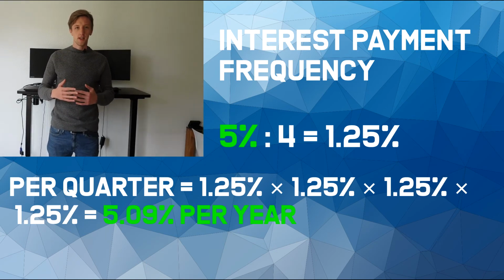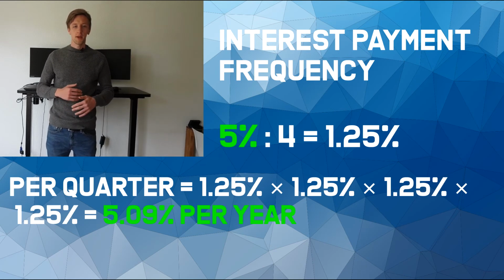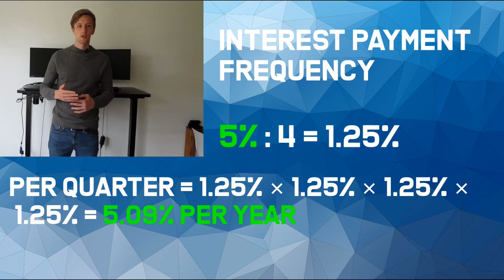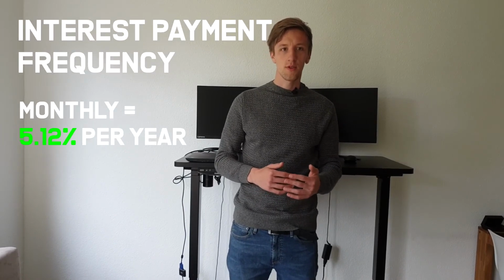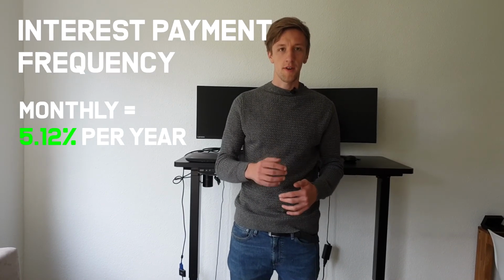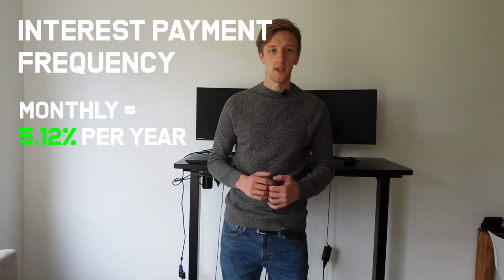And in the end, our effective interest rate will be 5.09%. The fact that we did not receive the interest payment at the end of the year, but 4 times during the year, means that we can already enjoy 0.09% more interest. If we now go a step further and calculate the effective interest with monthly payment of the interest, we come to the number of 5.12%.